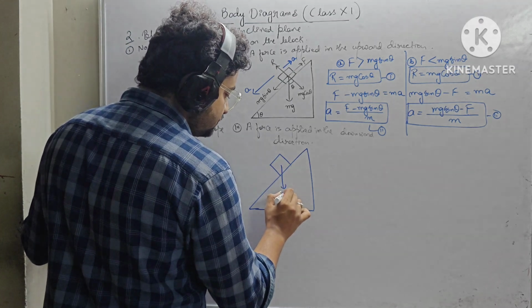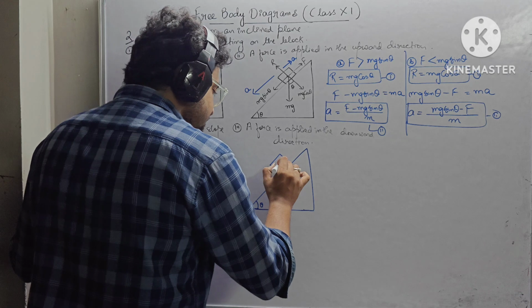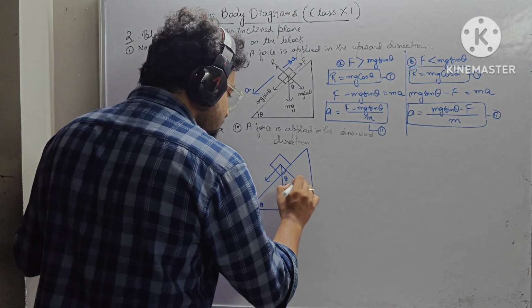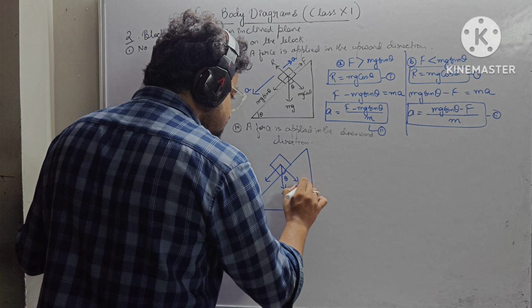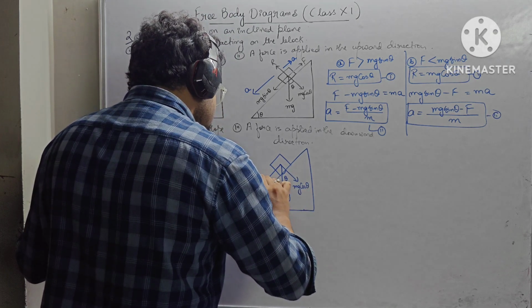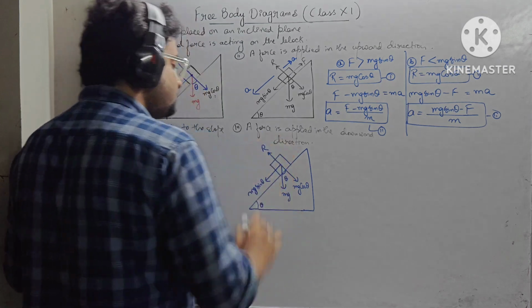This is mg, this is theta. If I divide mg into two components, this one will be mg cos theta, and this one will be mg sin theta. And this is going to be R.